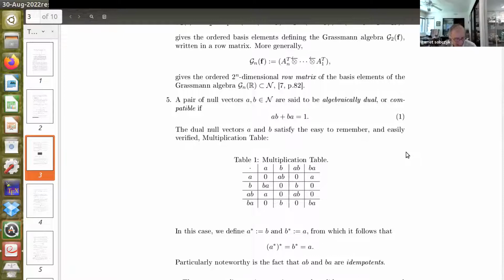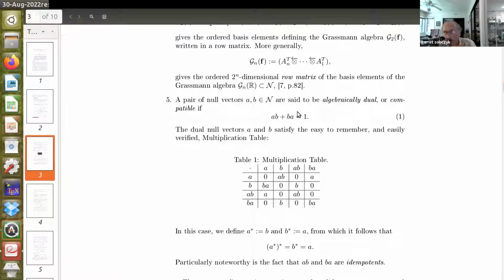If I wrote A dot B, I would think it's necessarily true that B dot A is equal to it, right? Well, yes, this is 2A dot B. So A dot B is equal to 1/2. 2A dot B is equal to this expression in Clifford algebra: AB plus BA is equal to 2A dot B.